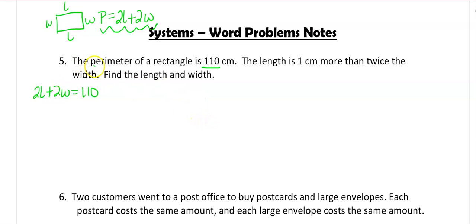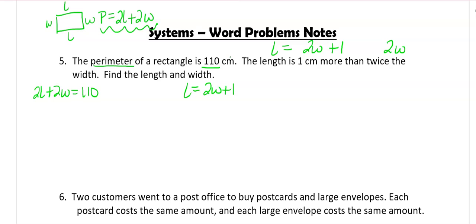That is my perimeter. Okay, the length is, so length is means equals 1 centimeter more. So that means 1 centimeter more than twice the width. Twice the width is 2W. So on this one, my length is going to equal 2W plus 1. So this one's a little bit different because we're using L and W. But you know what I'm going to do?